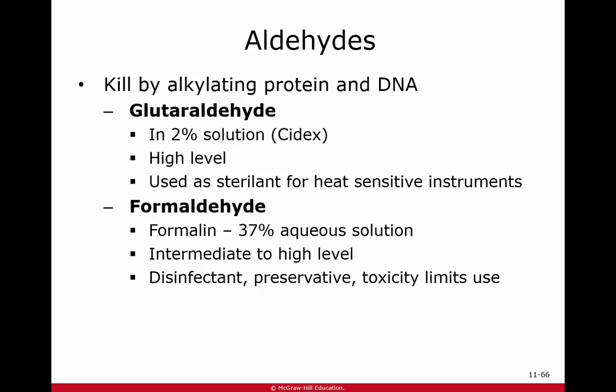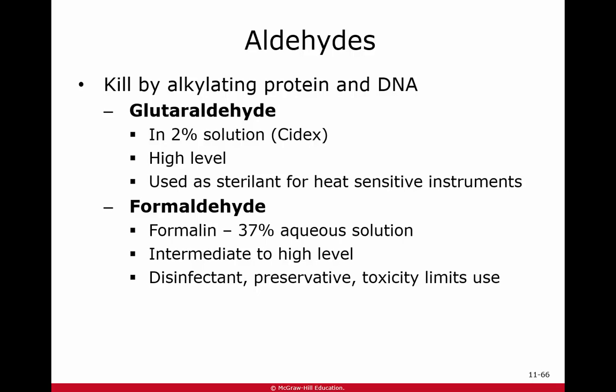These are intermediate to high level chemical controls. Typically glutaraldehyde is used to sterilize heat sensitive instruments, maybe ones that are used in surgery. And formaldehyde, we remember, used to be a preservative that we embalmed bodies with, right?